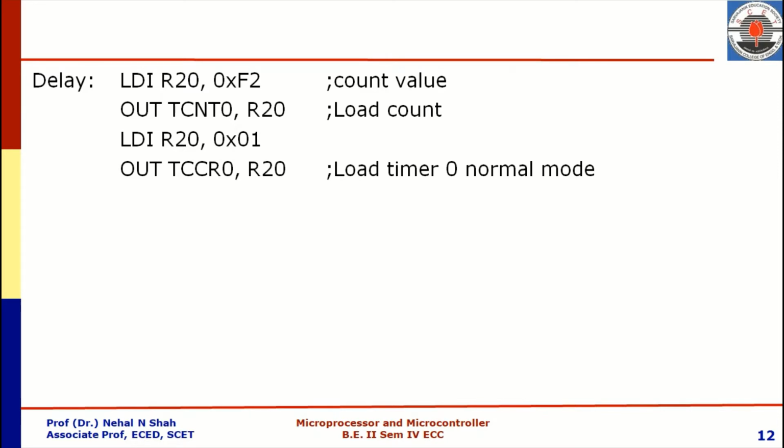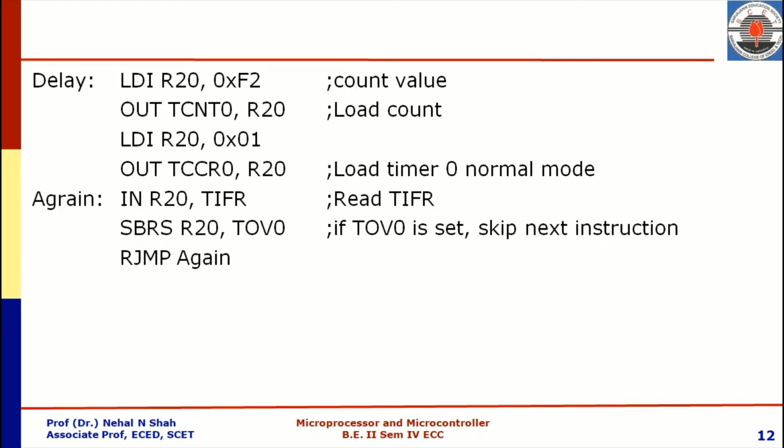Once this data is loaded, timer tick will be started and TCNT0 register will start counting in upward direction. So now we need to monitor timer overflow flag, because the moment TCNT register reaches FF, it rolls over and timer overflow flag will be set.